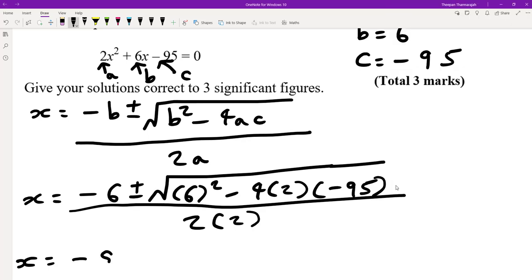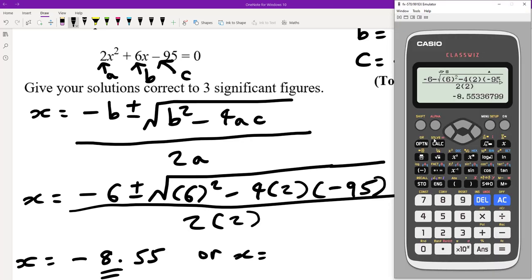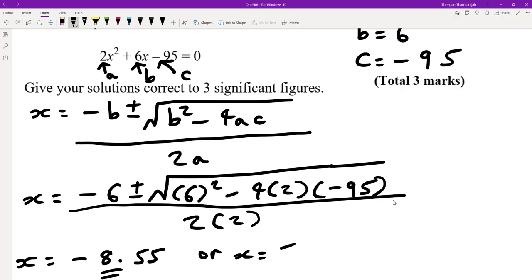So minus 8.55, correct to 3SF. Now to find the other solution, we just get our calculator and change the minus before the square root to a plus, and that will give me 5.55 to 3 significant figures. So 5.55.